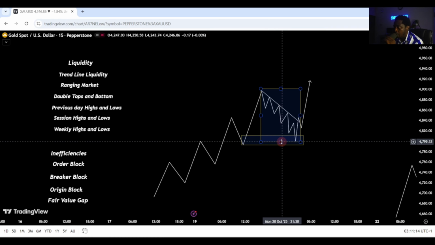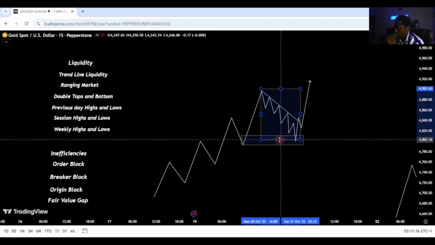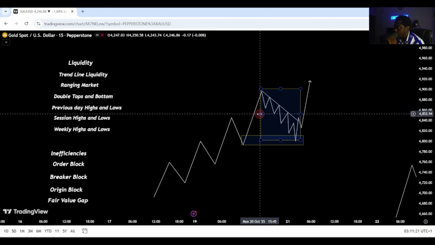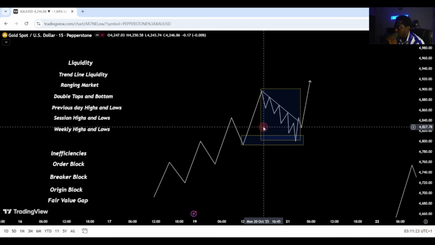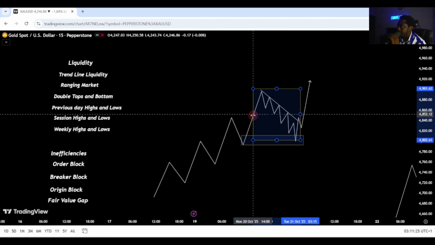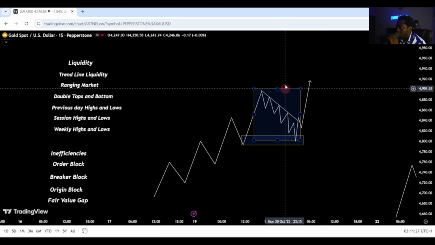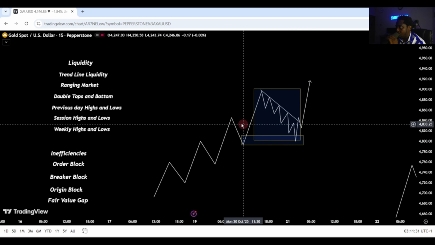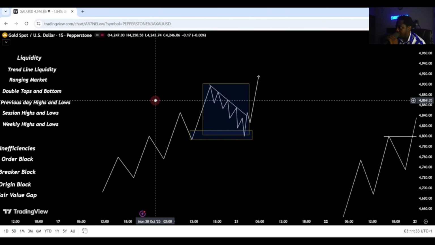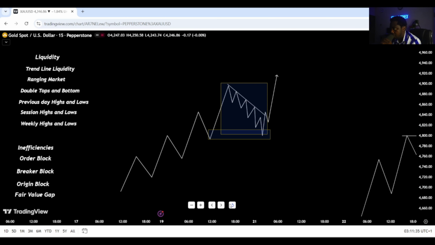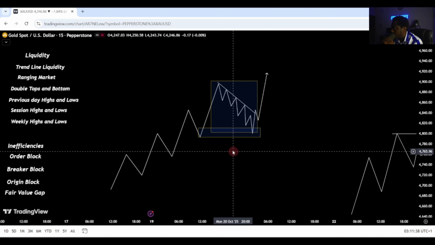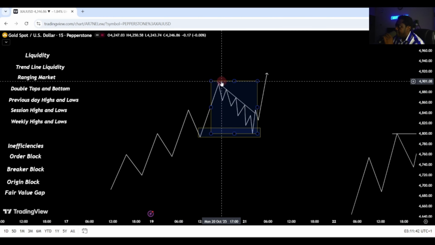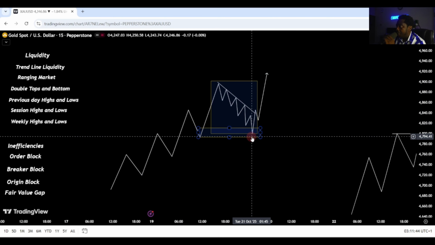It started from 12 a.m. to 6 a.m. So if this is our Asian range here, automatically here becomes the Asia high and here becomes the Asia low. So let me bring this to the middle so you can see properly. Here becomes the Asia high, and here becomes the Asia low.